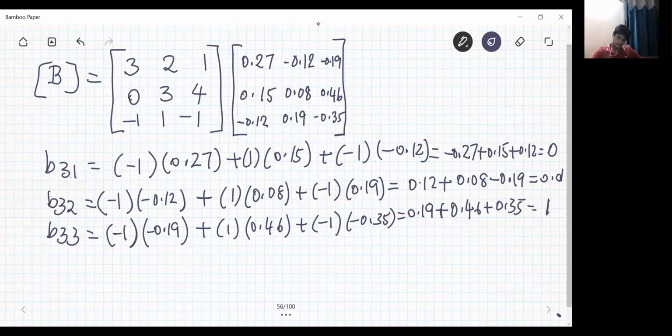Then minus 0.01 means, make it round off to whole number.